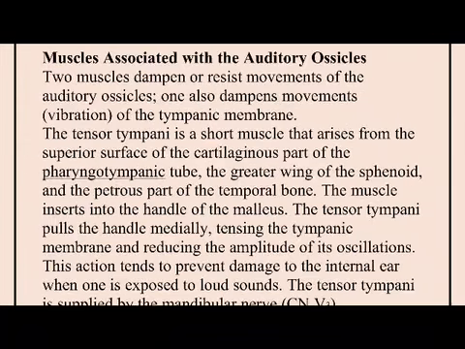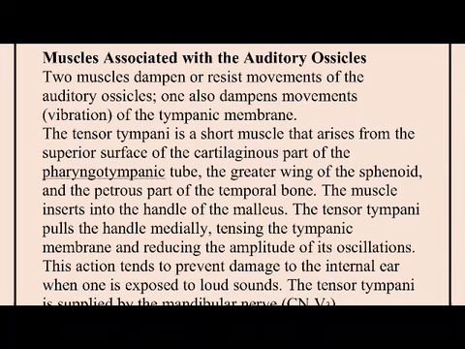Now let me talk about muscles associated with the auditory ossicles. You have two muscles that dampen or resist movements of the auditory ossicles. One of them also dampens movement, that's vibration of the tympanic membrane. There is a muscle that is called the tensor tympani.